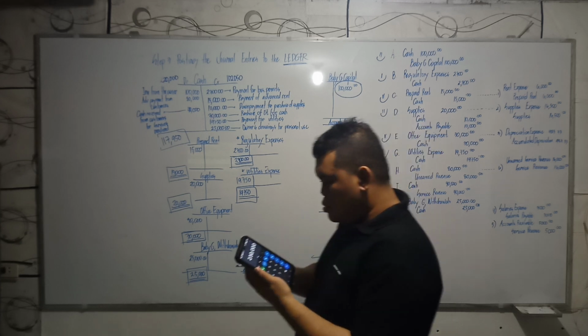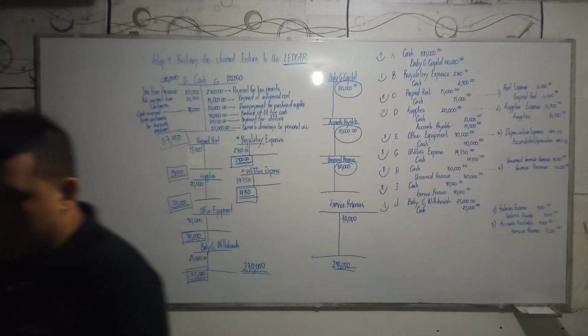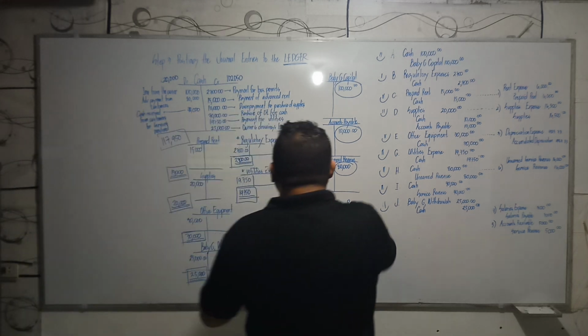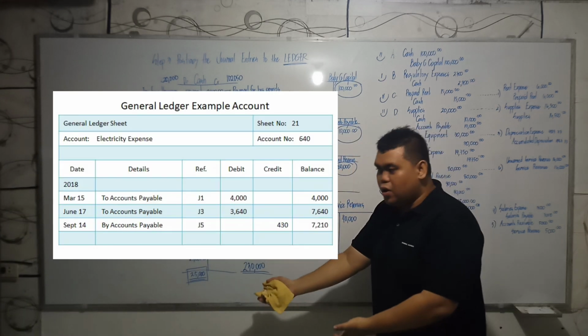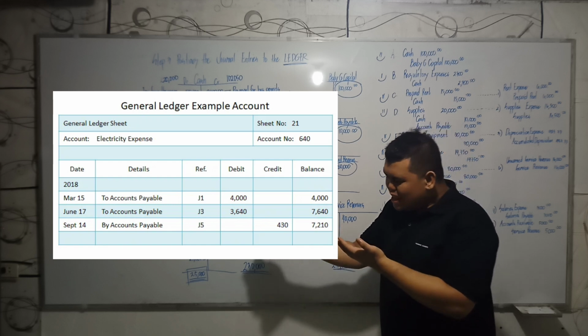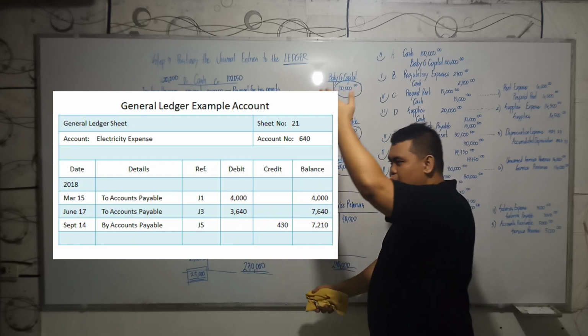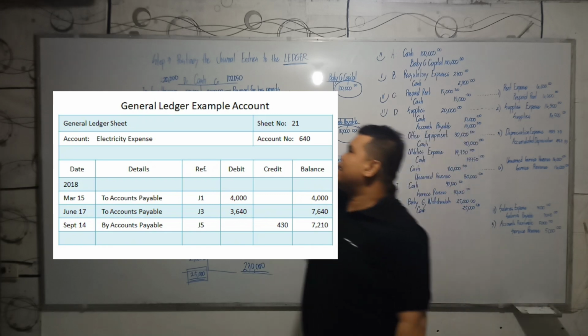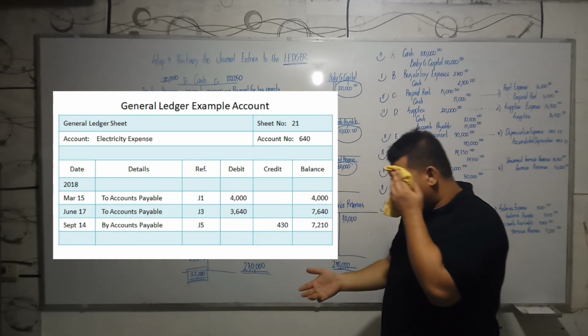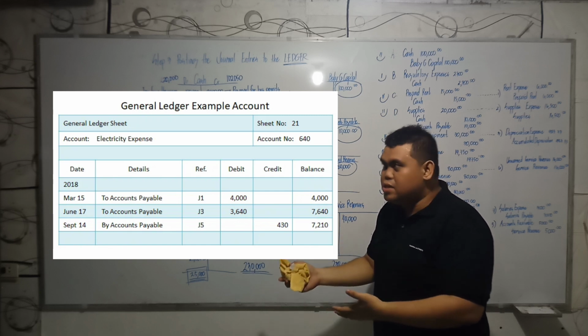The posting of the journal entries to the ledger. But then again, before we end, here is the formal version of the general ledger, in which it is just accounts still. There is still a middle cut, just like this one. But it is not so much emphasized.